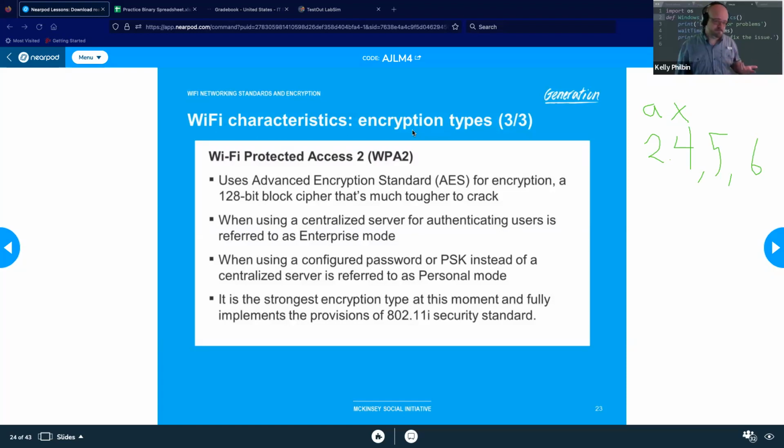So if the device you're using is unable to handle that level of encryption, then you have to use the level at which it can. Now, WPA or WEP, is it weak? Yes, but it's also better than nothing, right? So we do want to bear that in mind.